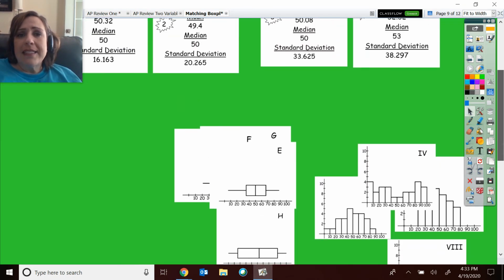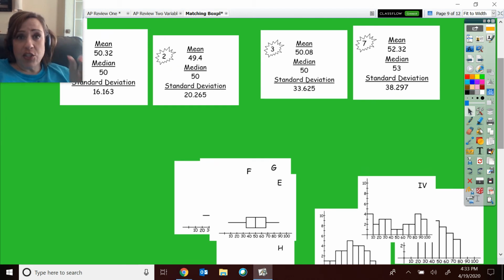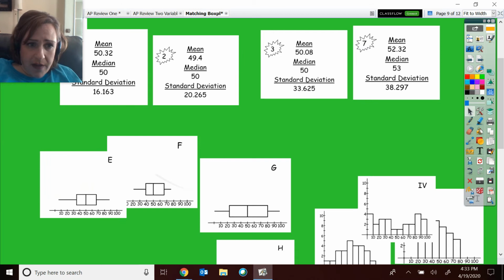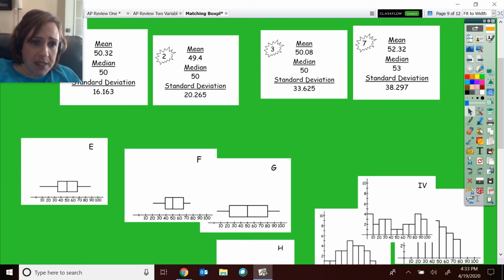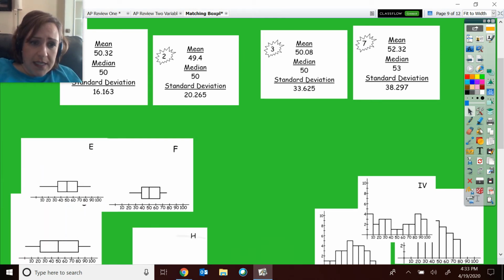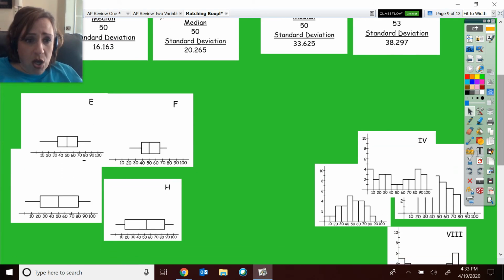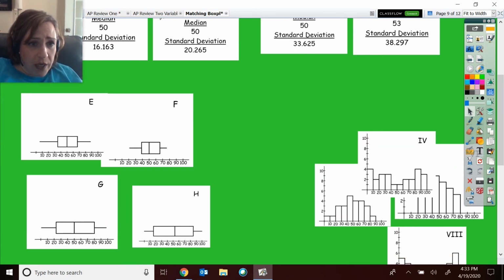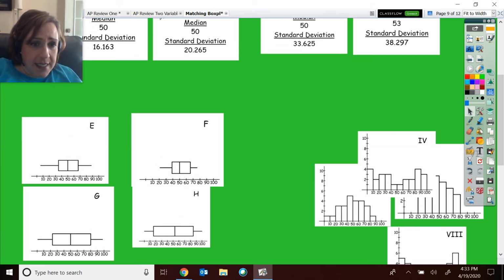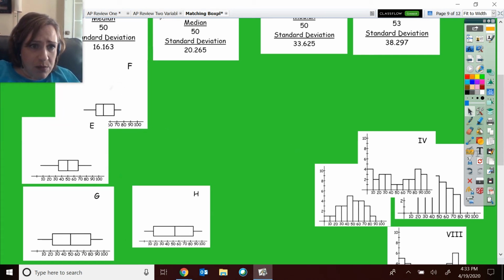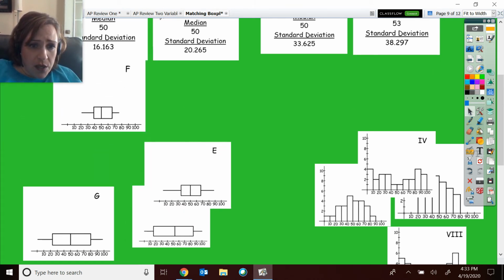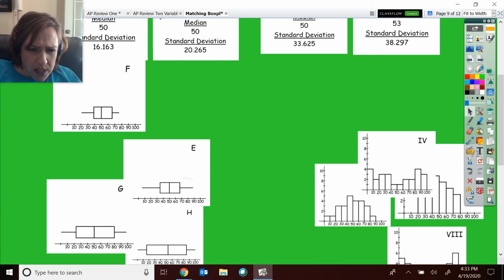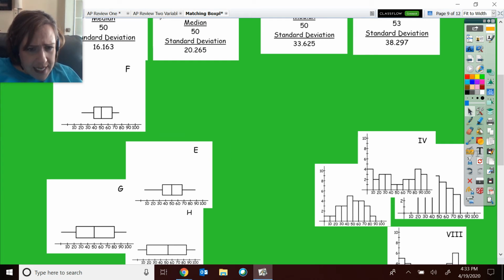Now, it's easiest to actually do the smallest and the largest. So let's look at box plots here. Which one is definitely the smallest spread? And I can tell that's pretty easy. There's the smallest spread right there. Okay, now between these three, which one's the largest spread?